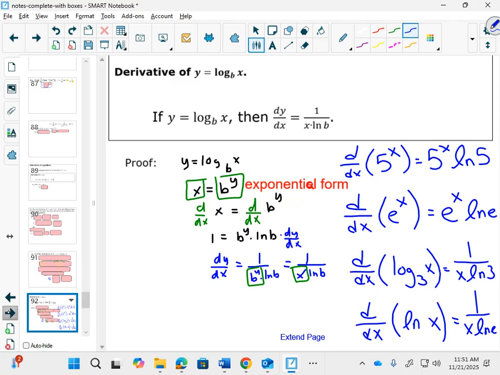Yes. We could use this rule for a base of e too. If you wanted to only remember this log rule, you wouldn't have to memorize that the derivative of natural log is 1 over x. You could always write it as 1 over x natural log of e, but the natural log of e goes away and it just becomes 1 over x.